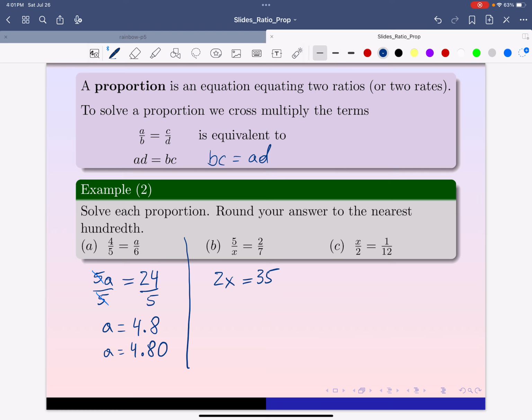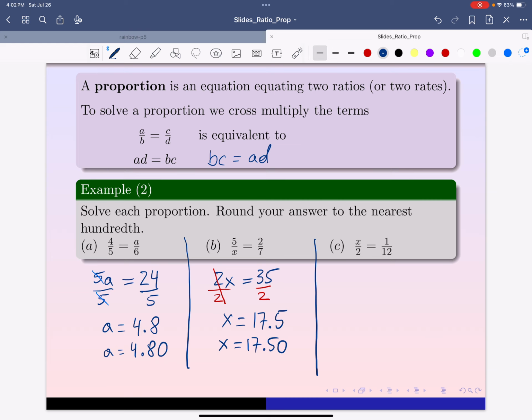As before, to isolate x, we divide by 2, this cancels out, and x is equal to 35 divided by 2, which is 17.5. To the nearest hundredth, the first place is tenths, the next one would be hundredths. So we have 17.50.